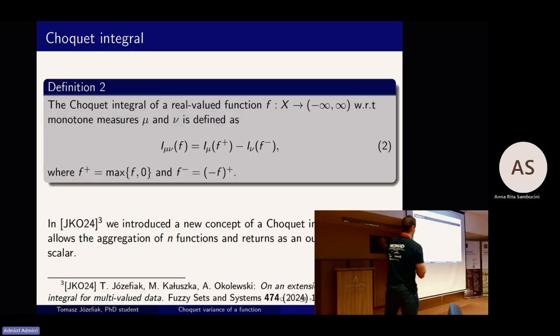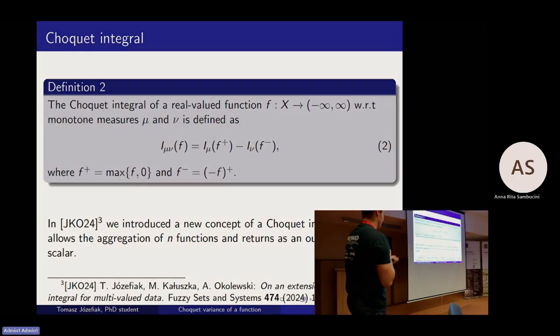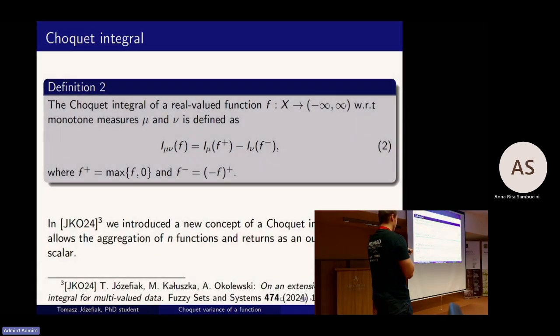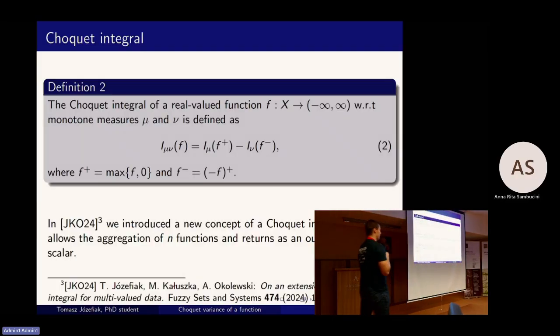It later became very useful to use two different monotone measures, mu and nu, to differently aggregate the positive and negative values of the function. It was later developed in many ways, especially considering the discrete space X.